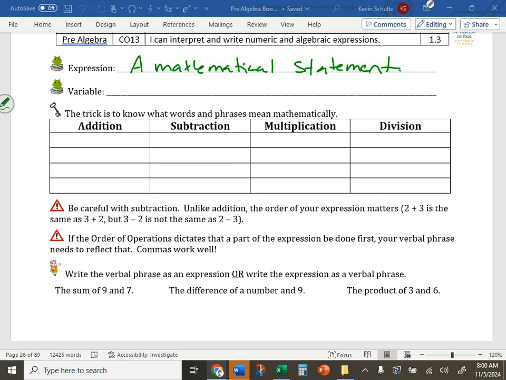Okay, so it's a letter that represents what? A number. It's something we don't know. Okay, so a variable is an unknown value, and it is usually a letter. We use a letter to describe this unknown value that we don't know.